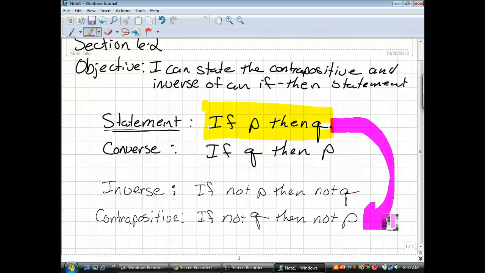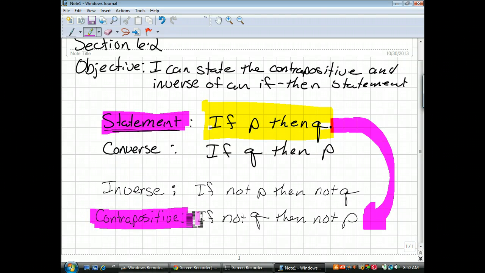So we say that the conditional and the contrapositive are logically equivalent. In other words, they say the same thing. And so if the original conditional is true, the contrapositive must be true. If the original statement is false, the contrapositive must be false. Okay?